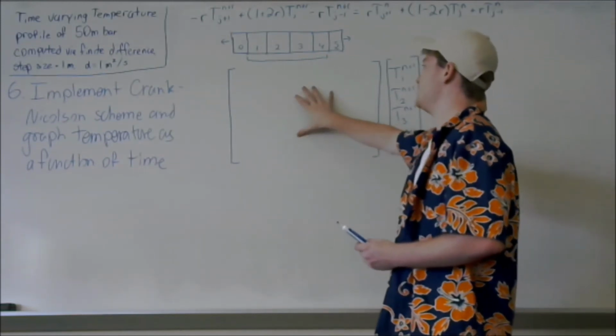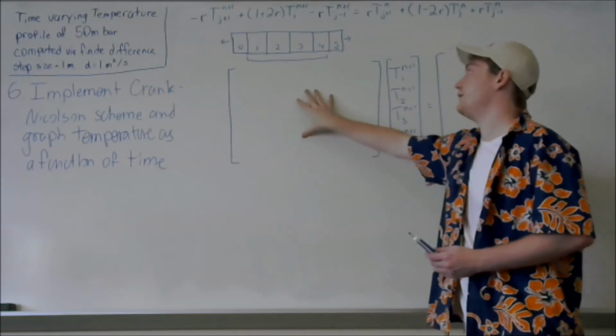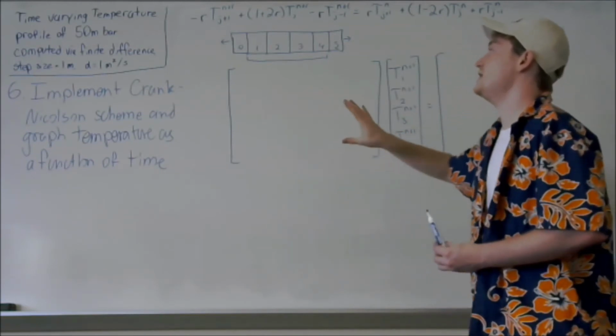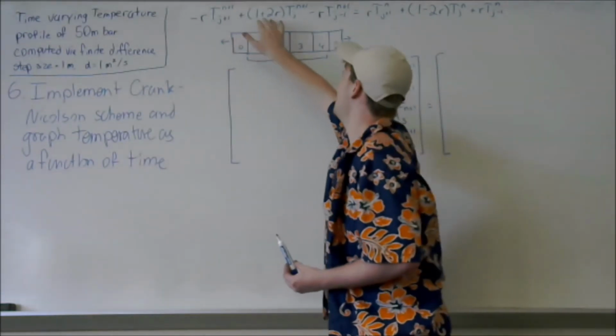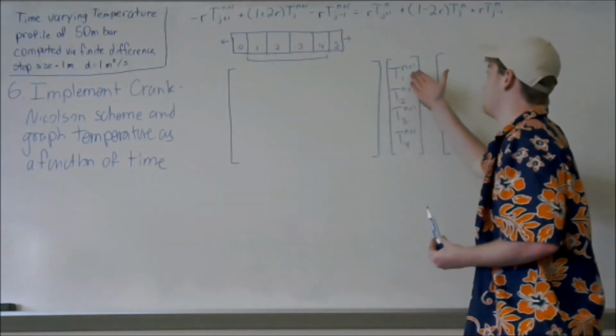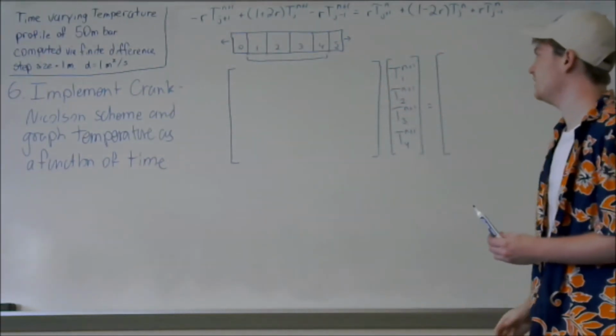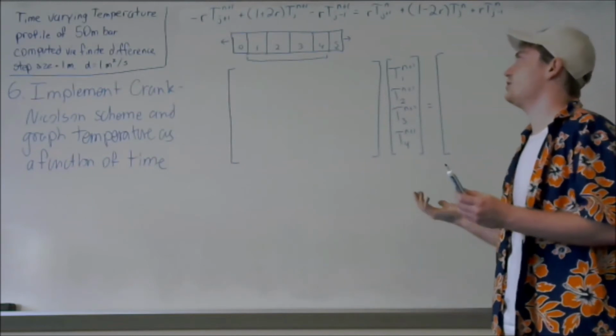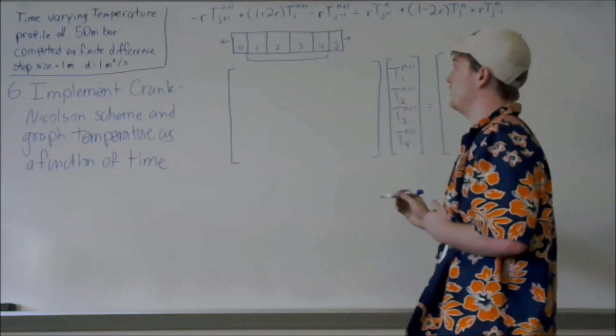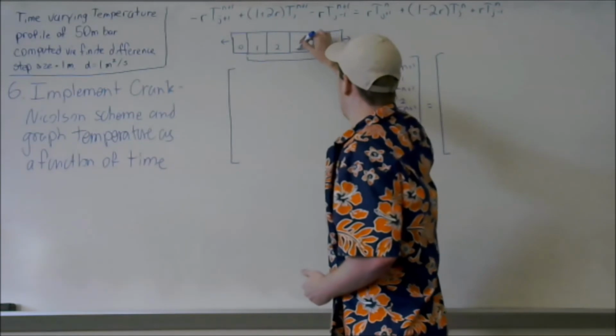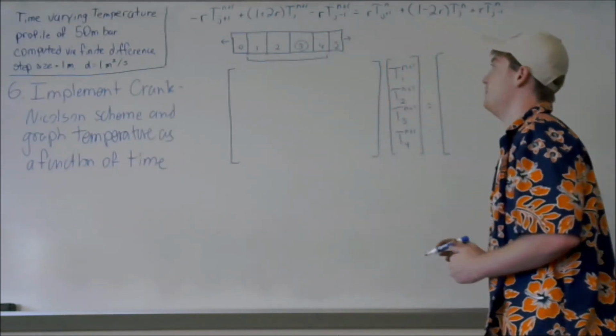And what does our matrix represent? This matrix is going to represent the constants attached to each value when we're looking at all of these equations. This is best understood with an example. Let's show the example for position 3.